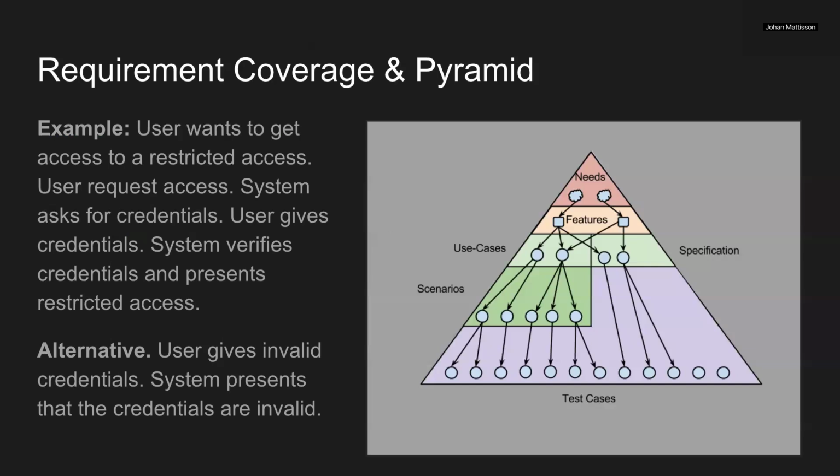You follow these steps: you enter this, open this page, enter this data, and those kinds of things. So that's where the scenarios come in. Each use case can have multiple scenarios. For example, if I try to log in without a username, if I try to type a wrong password, and so on and so on.